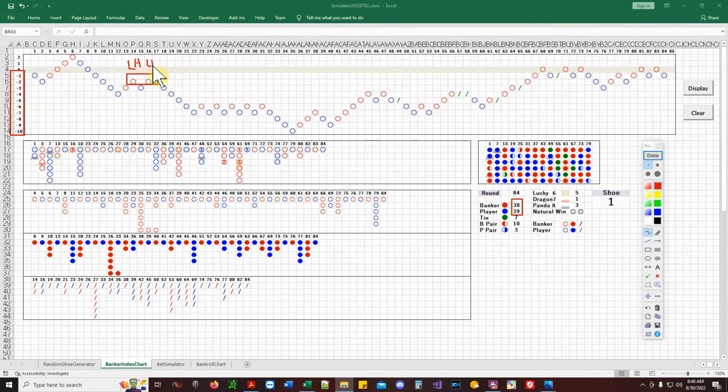We're hitting major resistance. Right here, on this chart right here, that's hand 14, and that's hand 16.